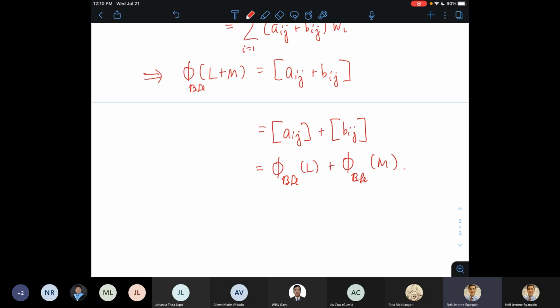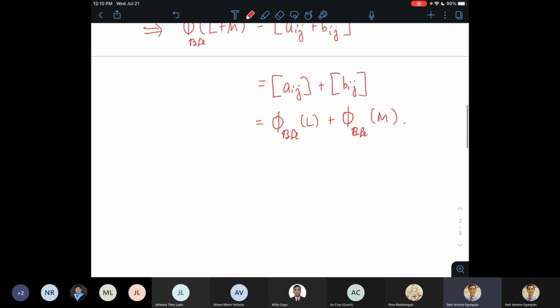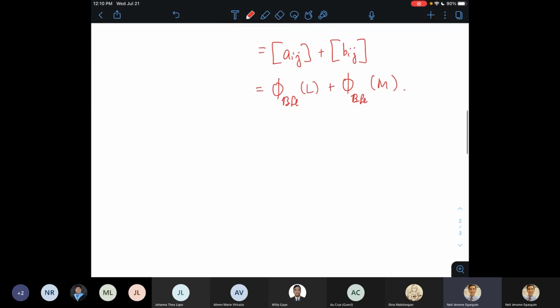Now the argument for the scalar multiple is similar. So I'll just note that here. You can try to write it out.